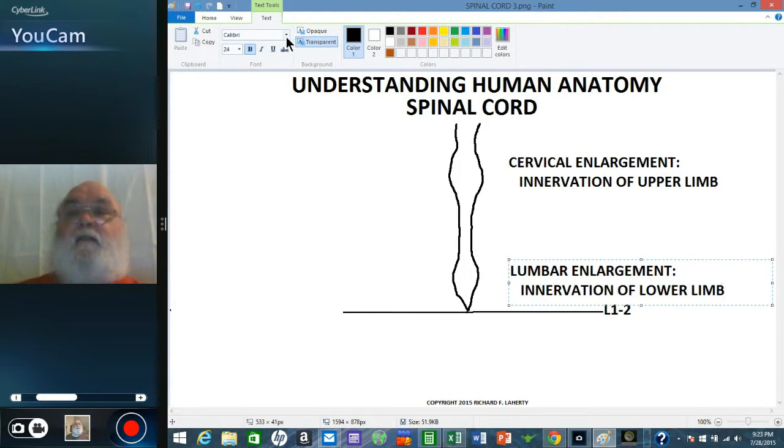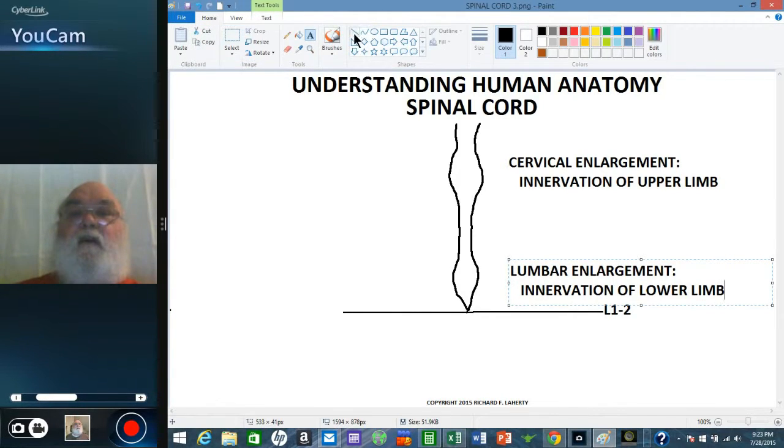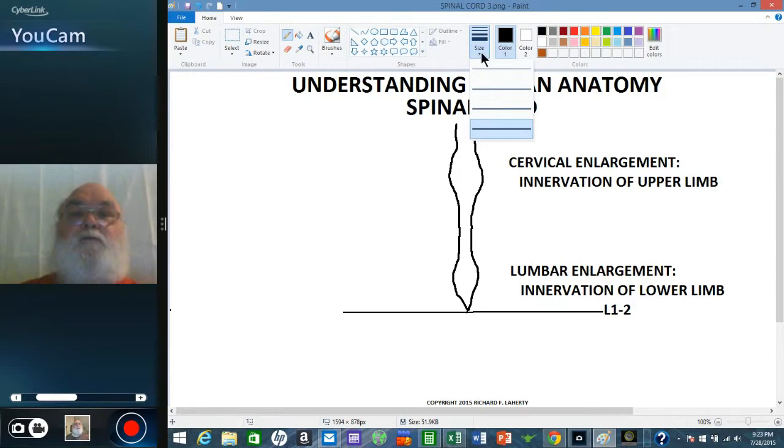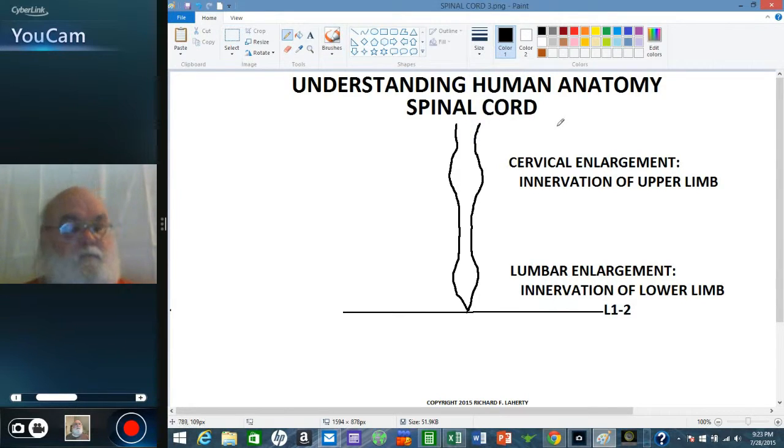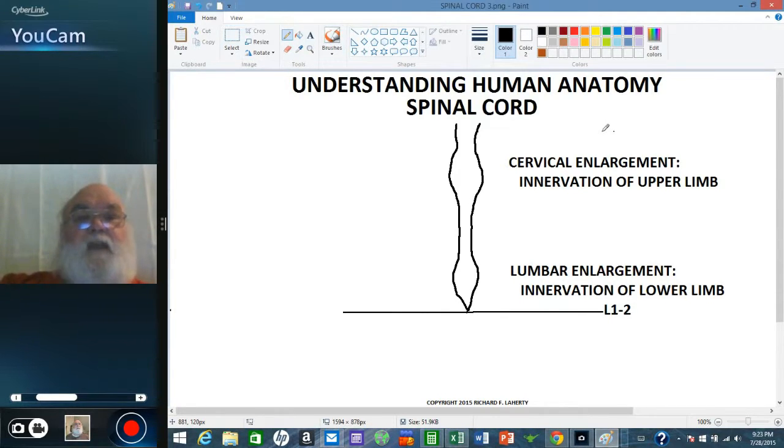Now the other thing that we need to look at is, again, going back to the fact that the spinal cord ends at L1, L2. And because it ends at L1, L2, the spinal nerves have to come down to exit from their original foramen.